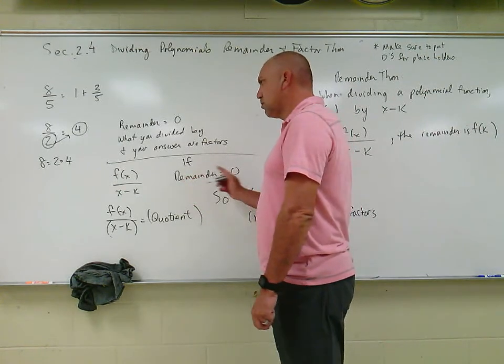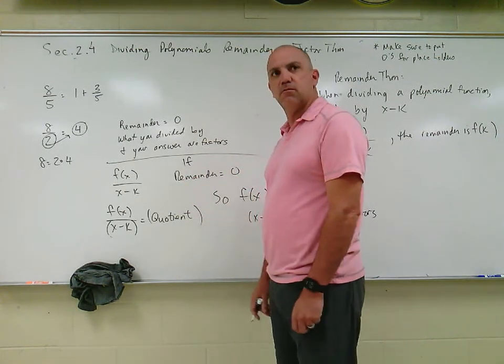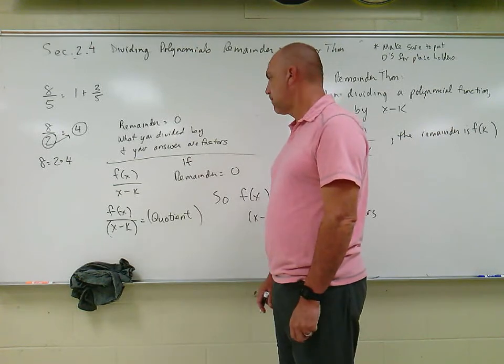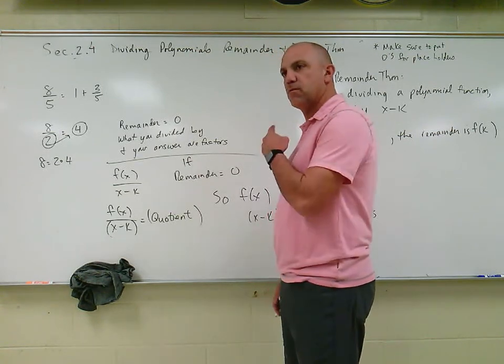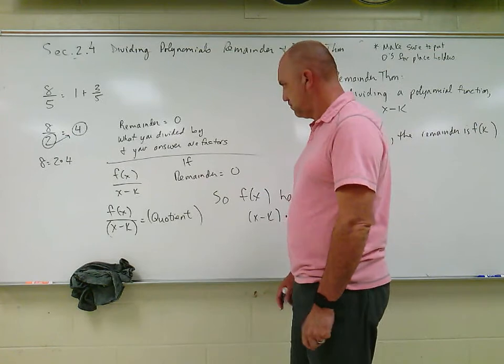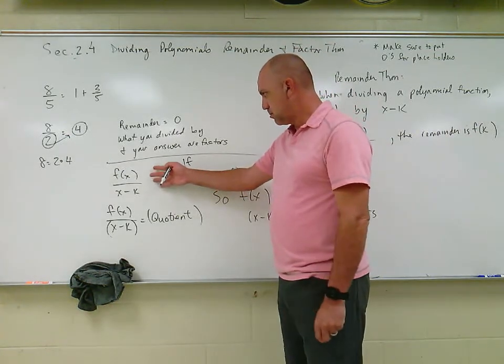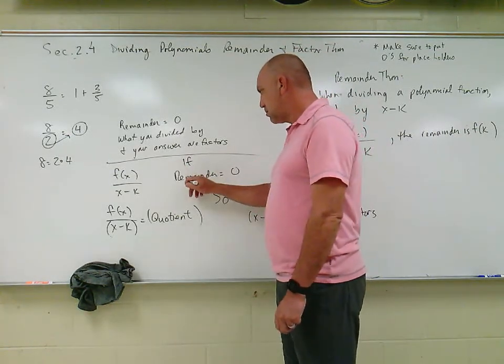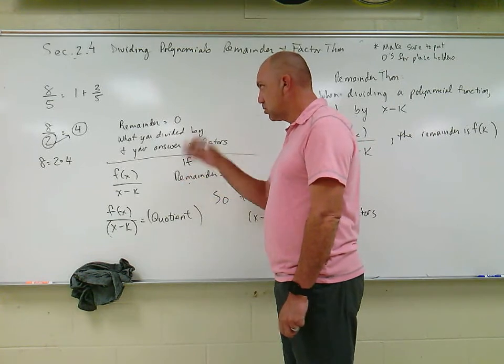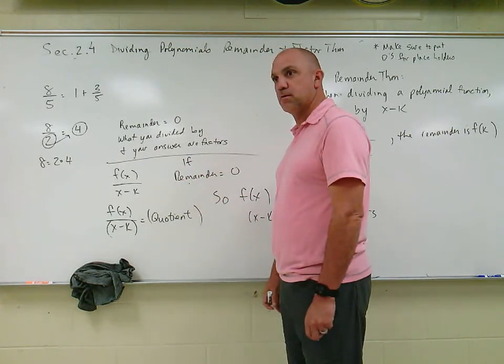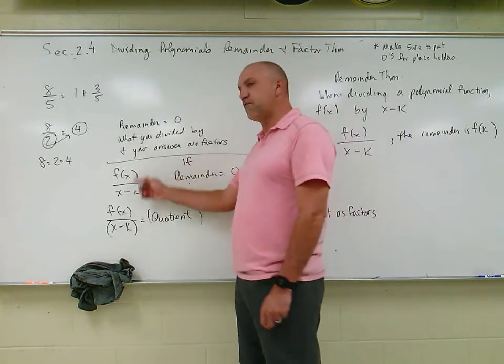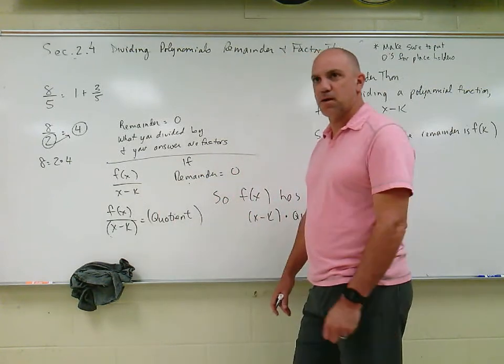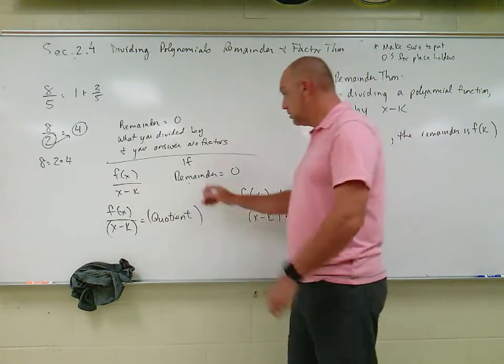If the remainder is 0, what also equals the remainder from what I just taught you? What's the remainder from the remainder theorem? If you're dividing f of x by x minus k, what's always the remainder? f of k.